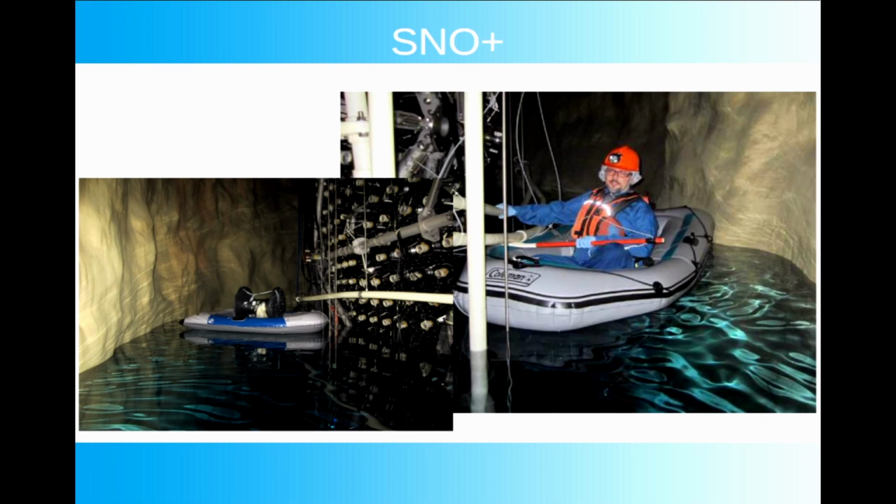So what's easier, because the thing is going to fill up with liquid anyway, is as you're filling it, put out a rubber boat and get people to boat their way up to the PMTs and do the various changes.